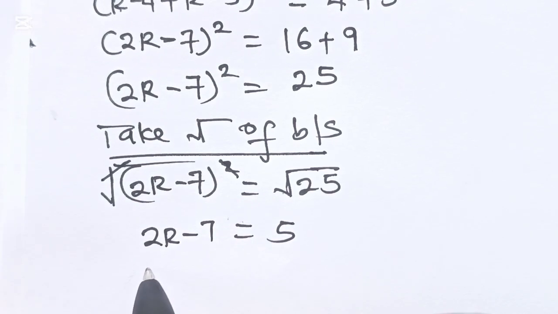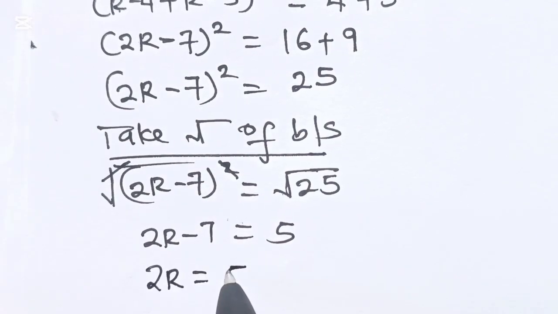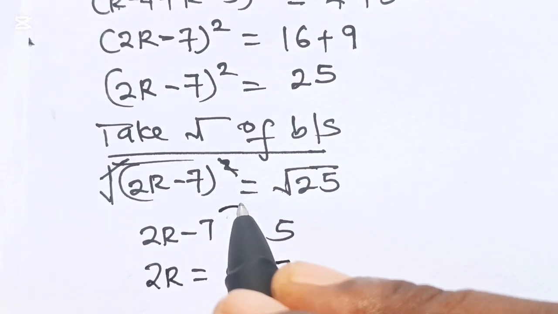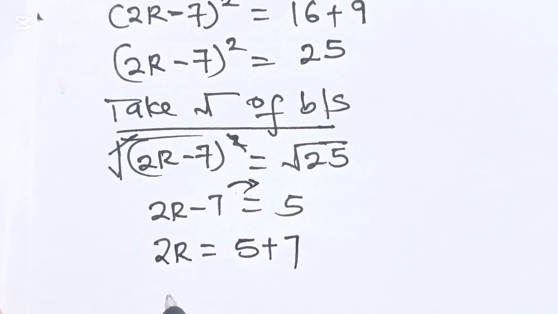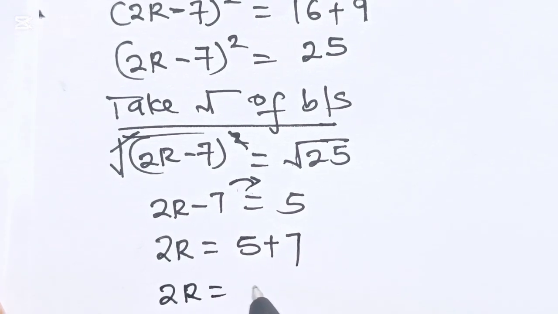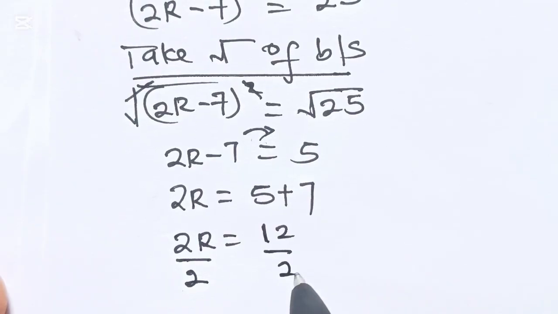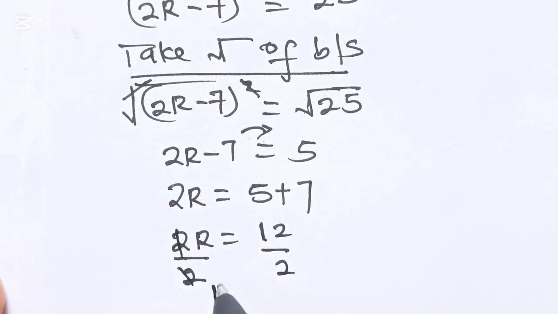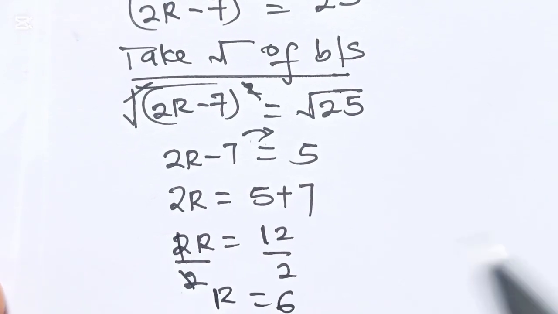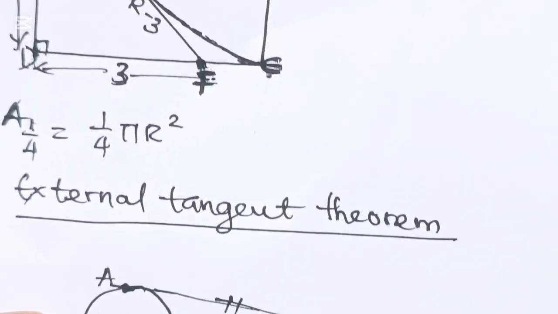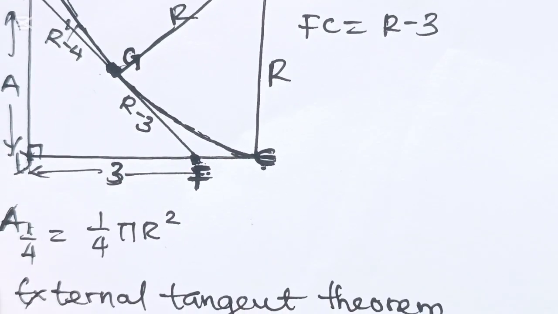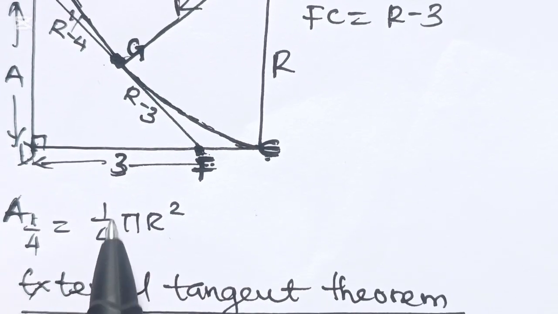So 2r will be equal to 5 plus 7, if we transfer this to the other side. 2r is equal to 12. If we divide both sides by 2, we have that r is equal to 6. Now, let's go back to the diagram. The question says we should find the area of the quadrant.